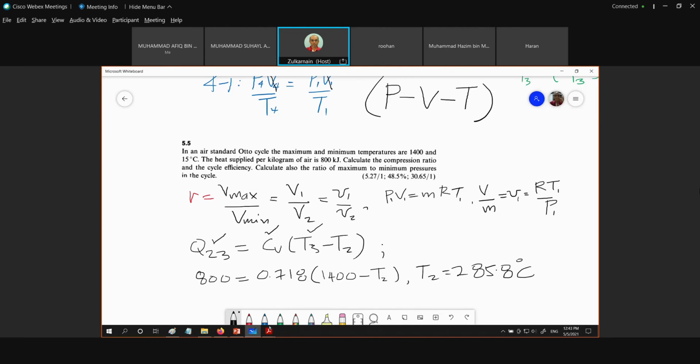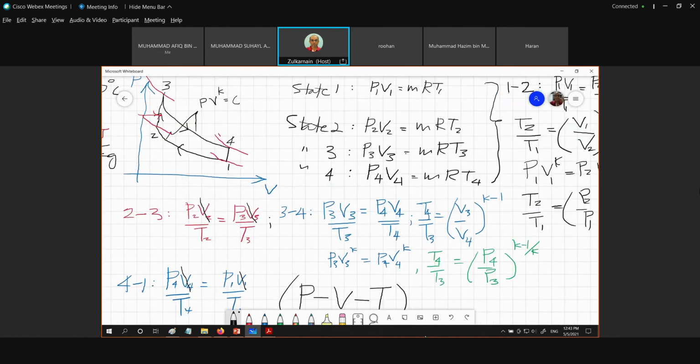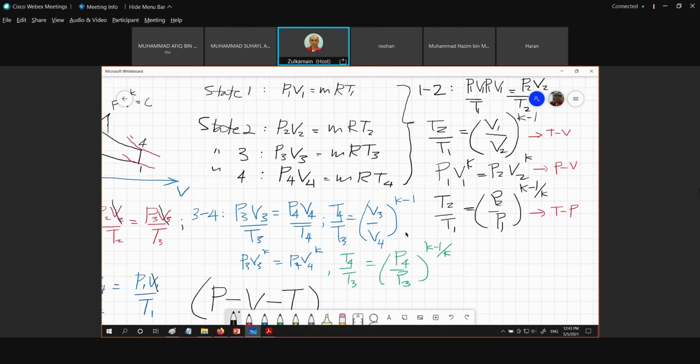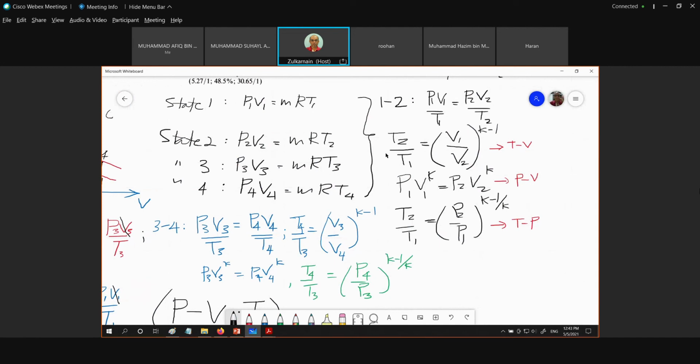Degree C. So now we have T1 and T2. What could we use right here? We want the compression ratio, and the compression ratio is V1 over V2. So we could use this equation to get the compression ratio.